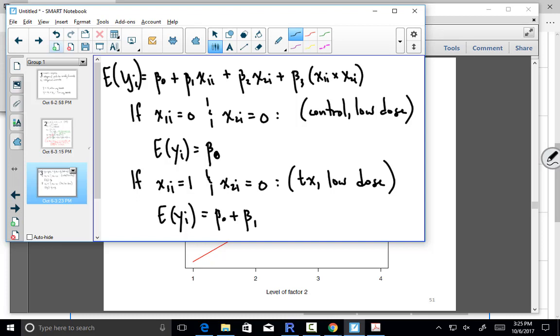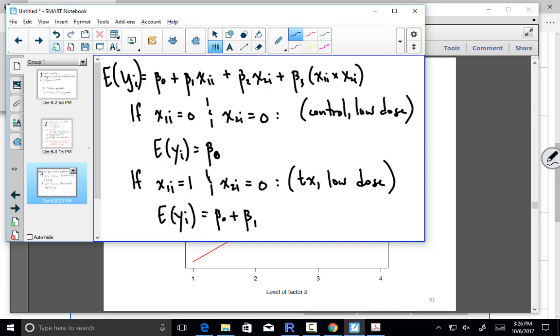So just looking at these two statements, the interpretation of beta 1 is the difference between these two means. The bottom one, beta 0 plus beta 1, is the mean in the treatment group, low dose. The top one is just beta 0.